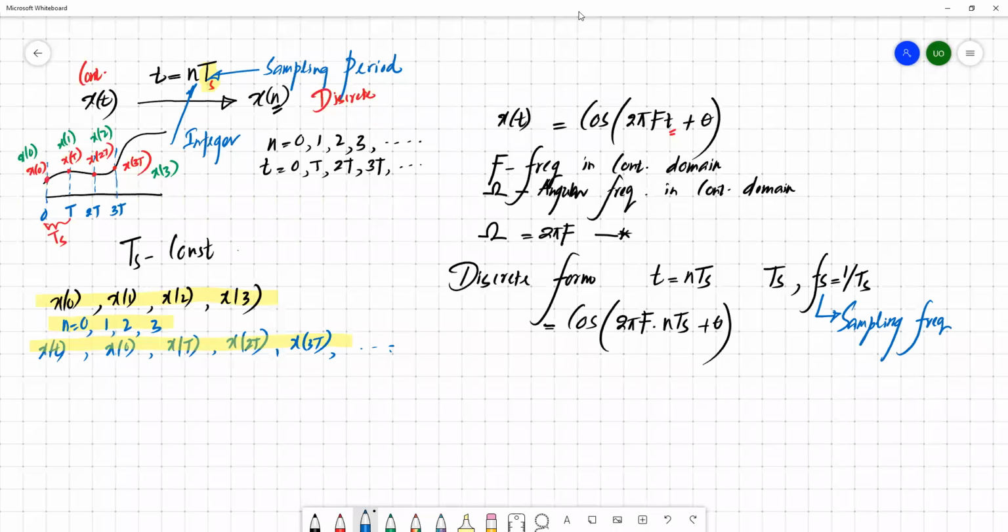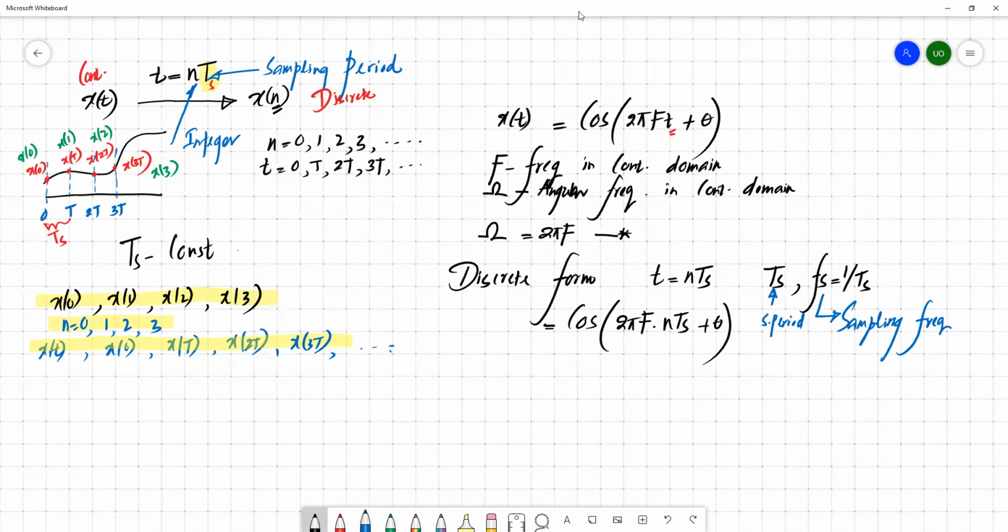Sampling frequency: how many samples per second. Here it's like how many cycles per second, so it becomes how many samples per second. So this is the sampling period, and this is the sampling frequency.